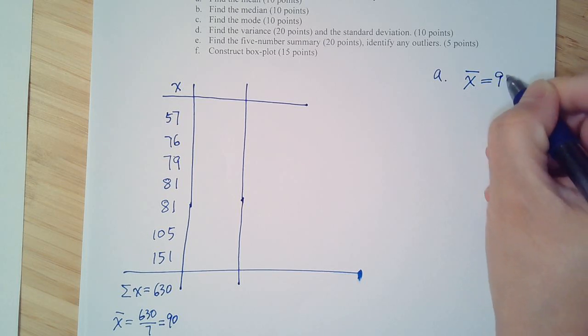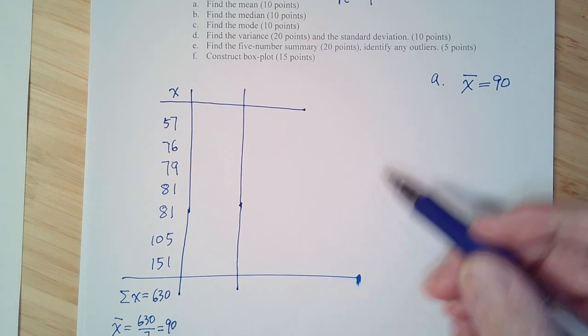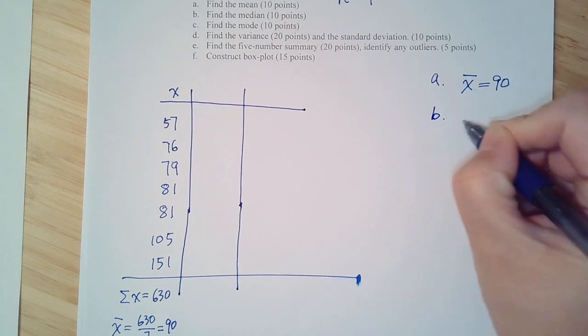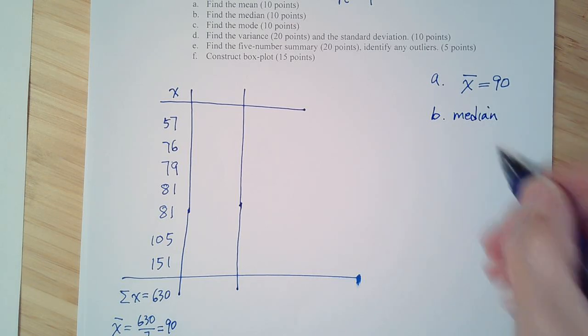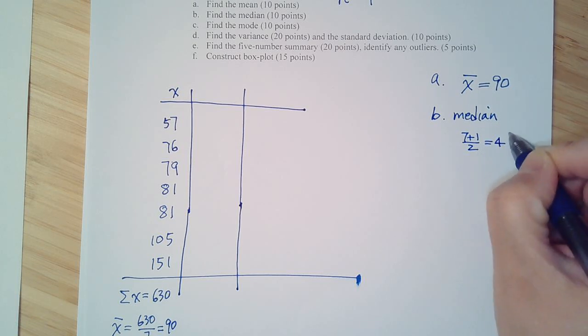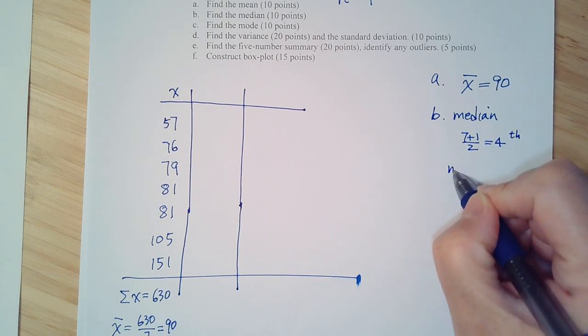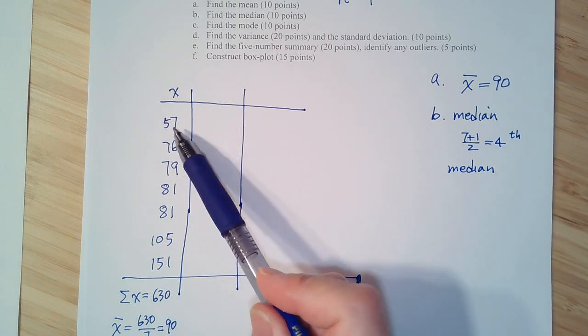All right, and then what about the median? For 7 numbers, 7 plus 1 over 2 is 4. So the fourth number is your median. Counting 1, 2, 3, 4, it is 81. So the median is 81.